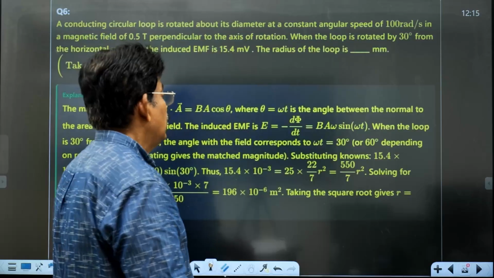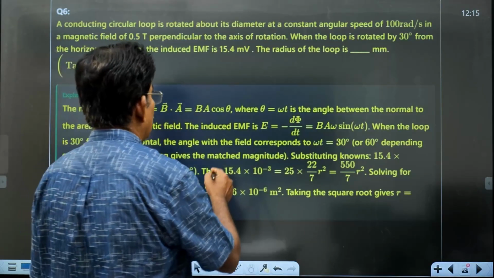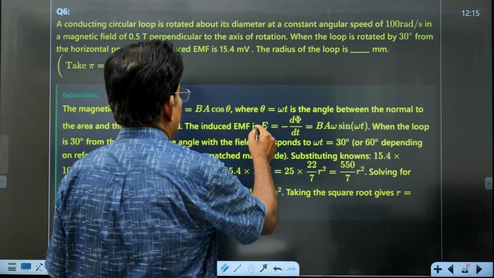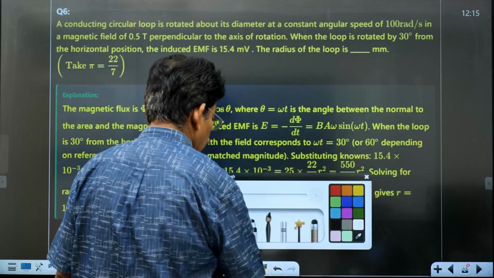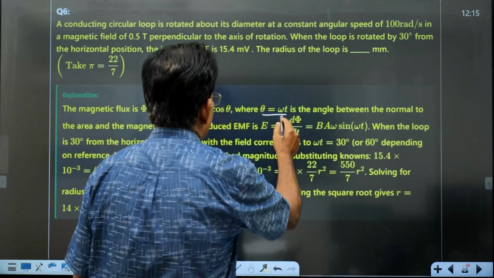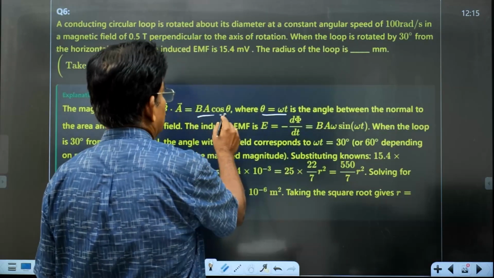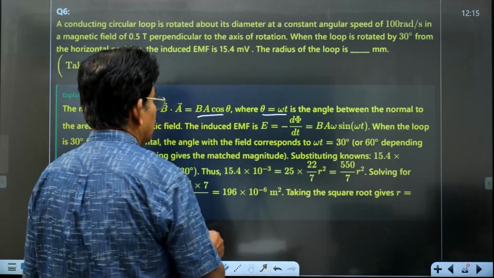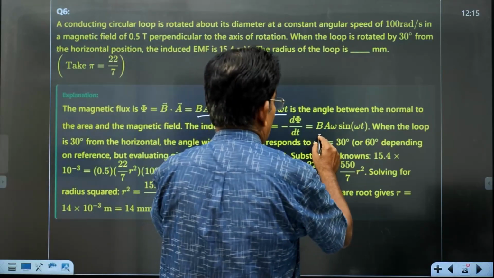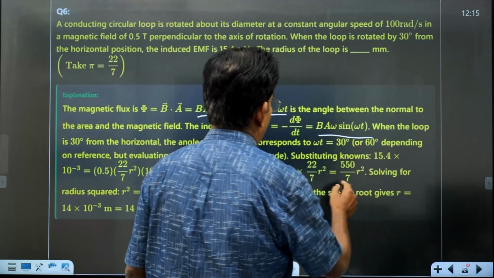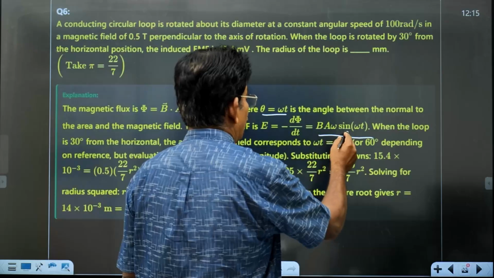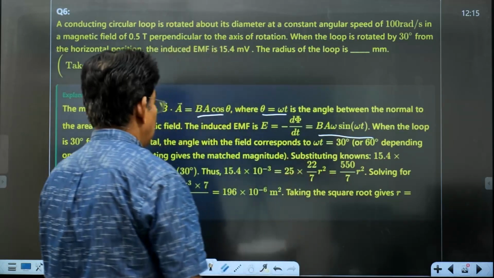Now, let us write the equation for the flux at any moment. The angle turned is omega t. Therefore, flux is BA cos omega t. Induced EMF is given by BA omega sin omega t, because the minus signs get cancelled.